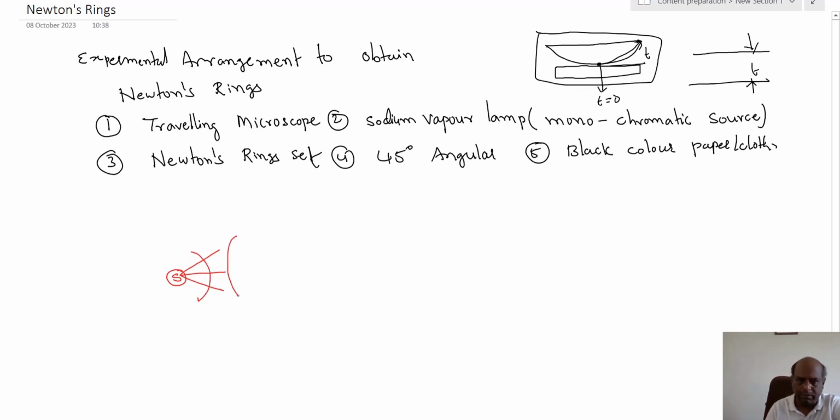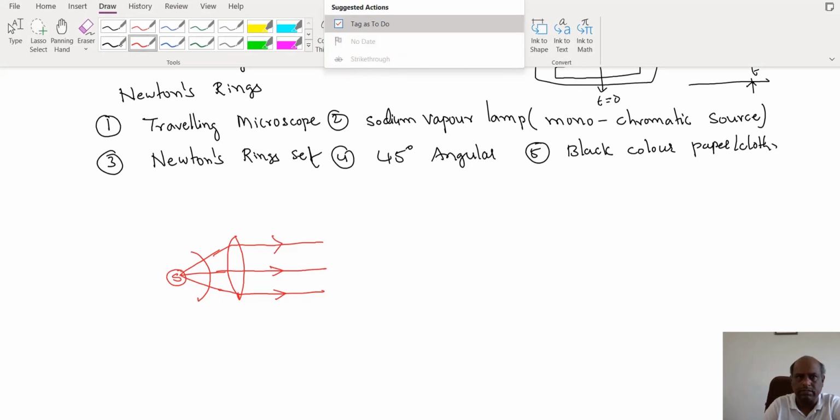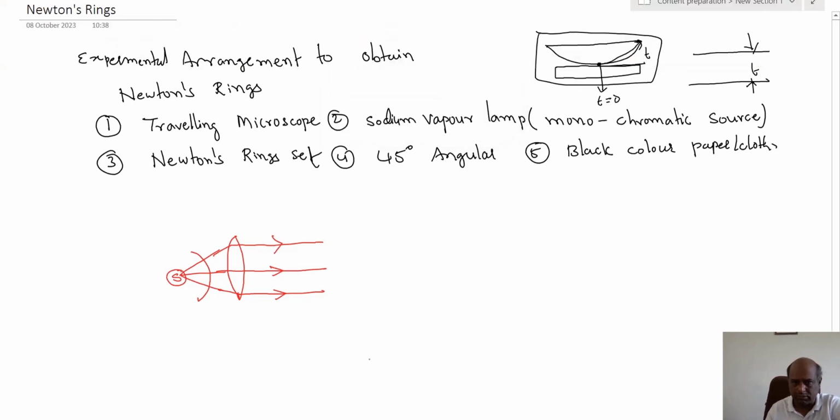By keeping a double convex lens, we will collimate this light. So this is the propagation direction of light. And we kept our Newton's rings set at this position.